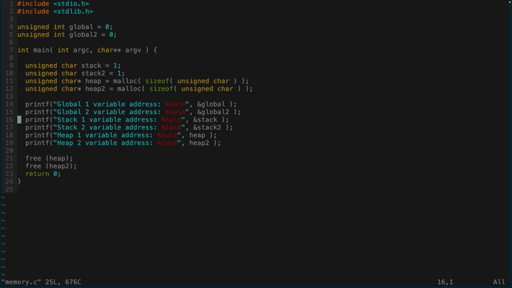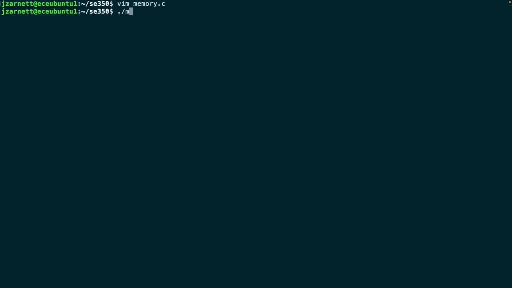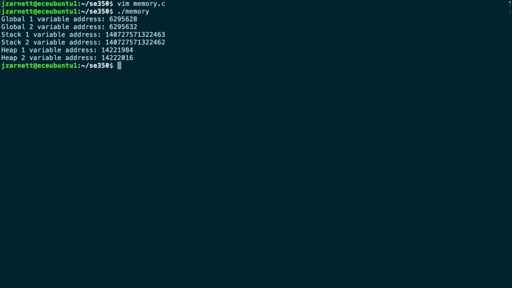And usually it's relatively easy to tell just by looking at the raw addresses if something is global, stack, or heap allocated, as we're about to see in this example. So yeah, let's give it a run.